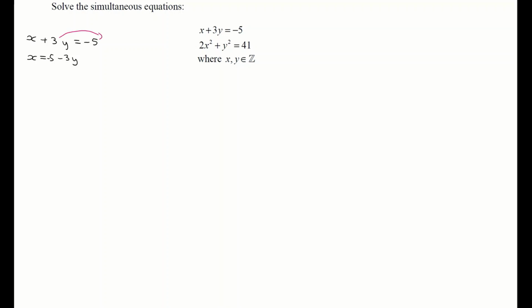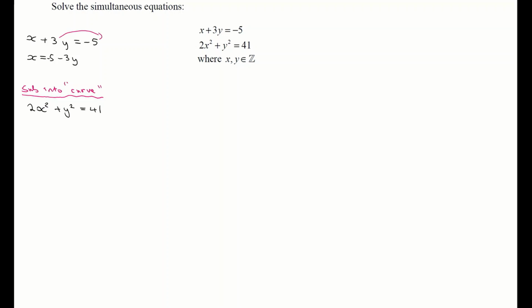And now what I'm going to do is sub that back into my curve. I'm going to sub that value of x into the equation of the curve. Now I'm bringing that down, which is 2x squared plus y squared equals 41.